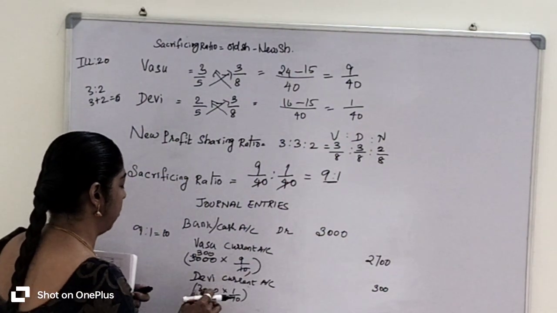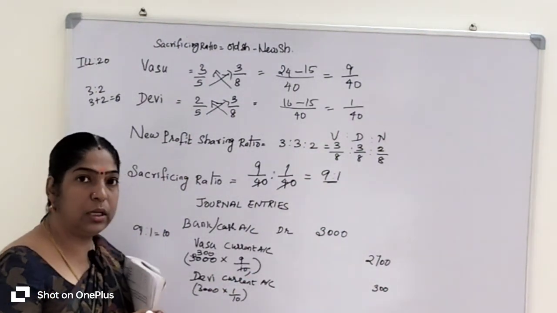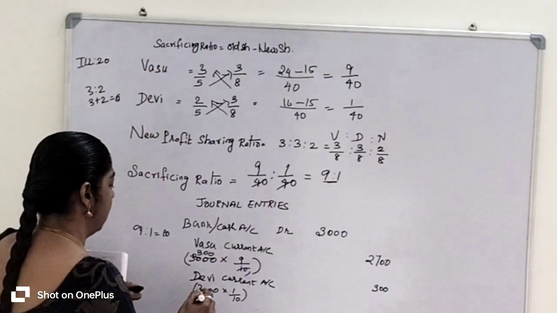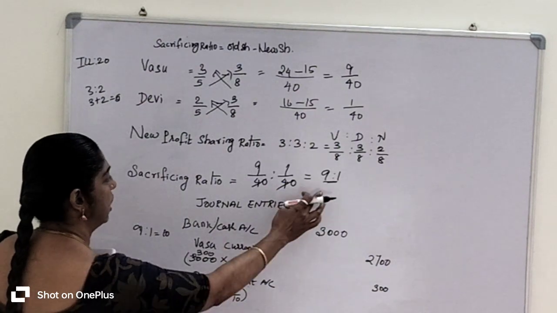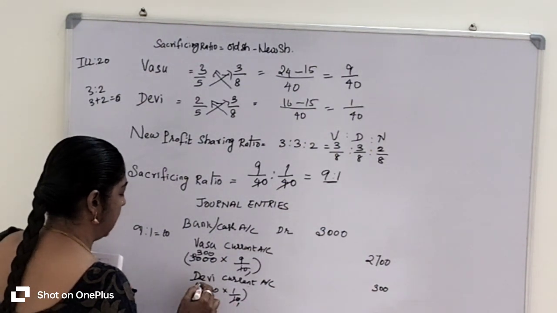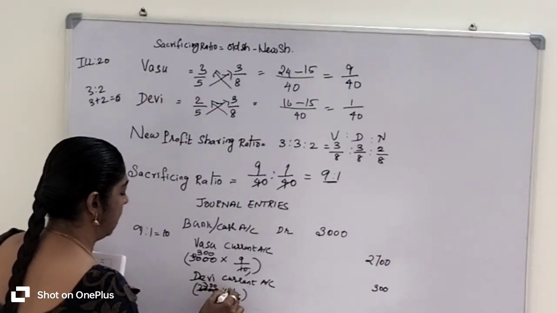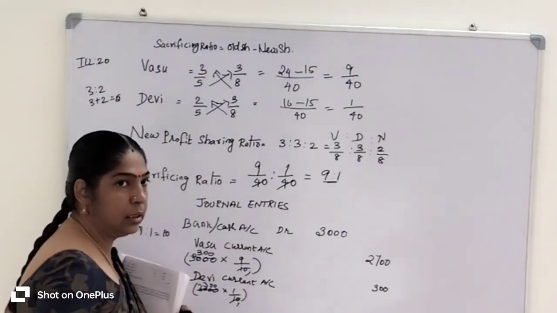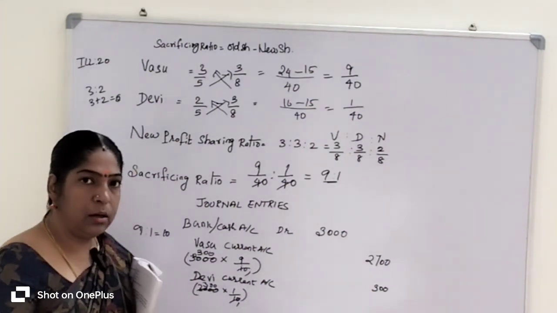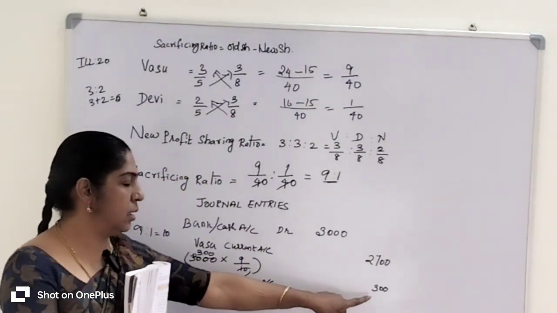Devi's goodwill share in her sacrificing ratio of 1/10 is 3,000 into 1/10, which is 300 rupees.